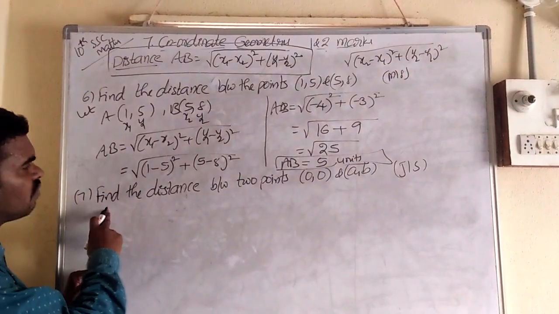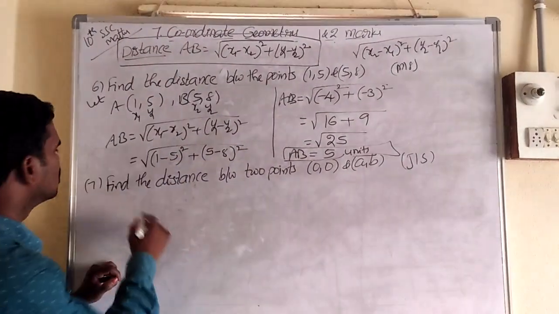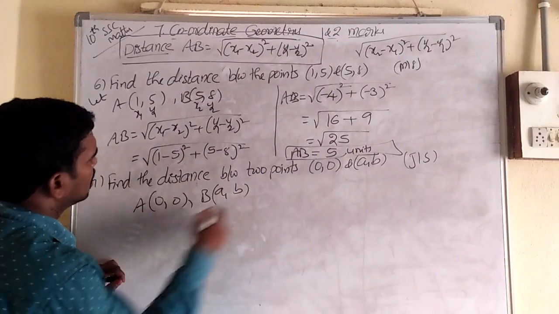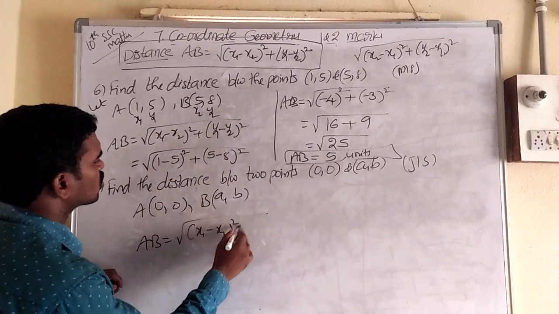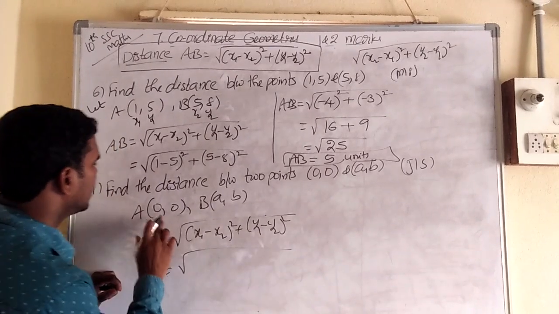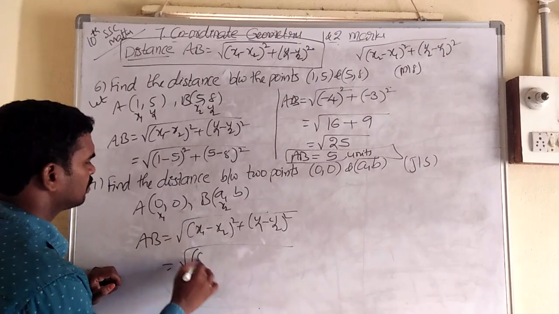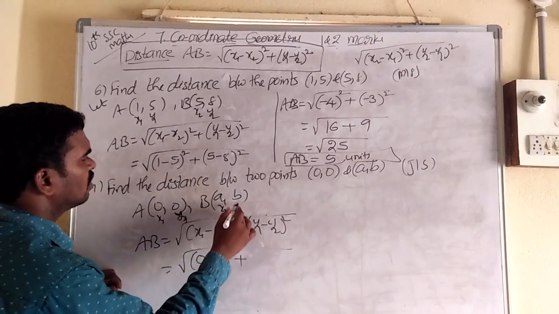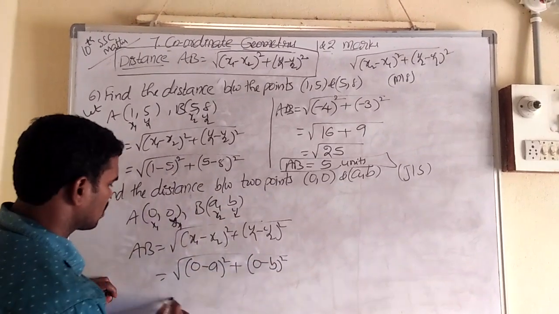Similarly, 7th question. Find the distance between 2 points 0, 0 and A, B. June 15. So let us take A is 0, 0, B is A, B. So distance formula AB equal root of x1 minus x2 whole square plus y1 minus y2 whole square. So is equal to x1 means 0, x2 means A, 0 minus A plus y1 minus y2 means 0 minus B whole square.